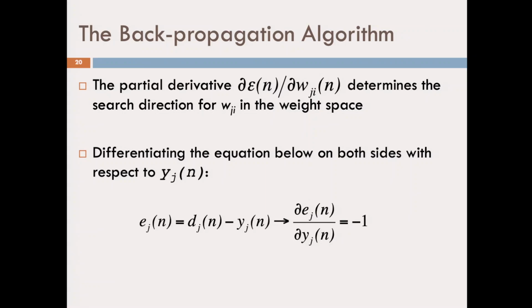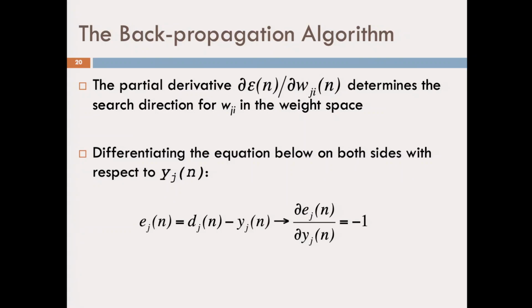Now, the error is the desired output minus the predicted output. If we take the derivative on both sides with respect to y, the desired output is a constant and disappears, and we get just -1.